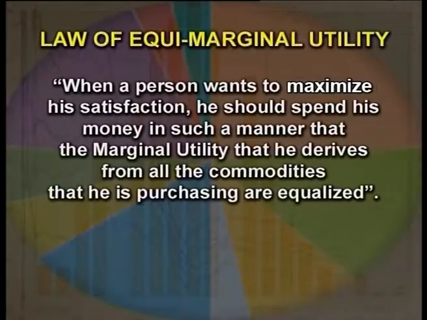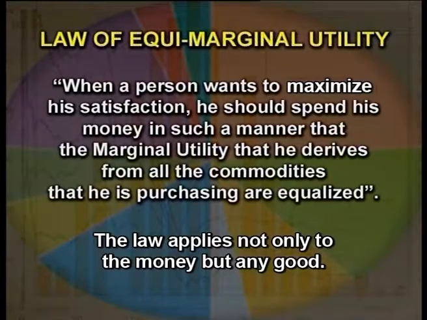Now, the law states that when a person wants to maximize his satisfaction, he should spend his money in such a manner that the marginal utility that he derives from all the commodities that he is purchasing are equalized. This law not only applies to money, but to any good that he has.